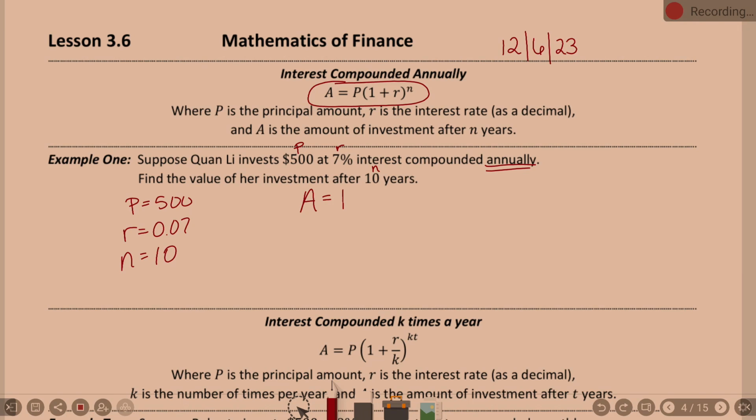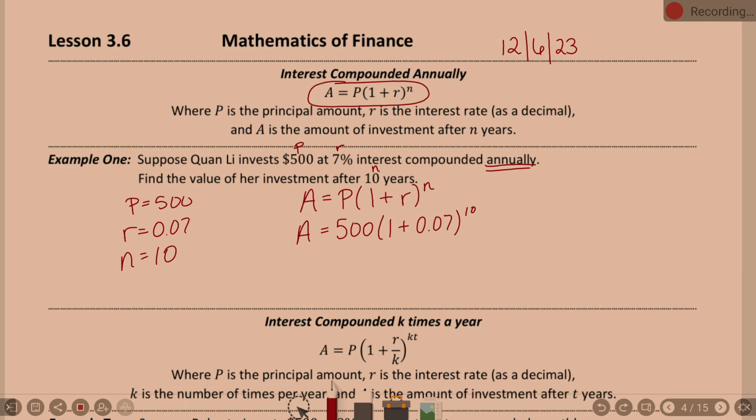So we're going to use the formula A equals P times 1 plus R to the N. We're trying to find the value of our investment, so we're trying to find A. P is 500, 1 plus, for R you're putting in the decimal, 0.07, raised to the N, which is 10th.